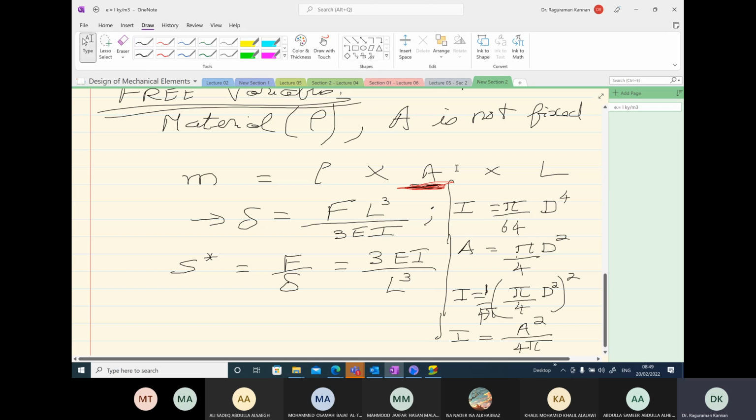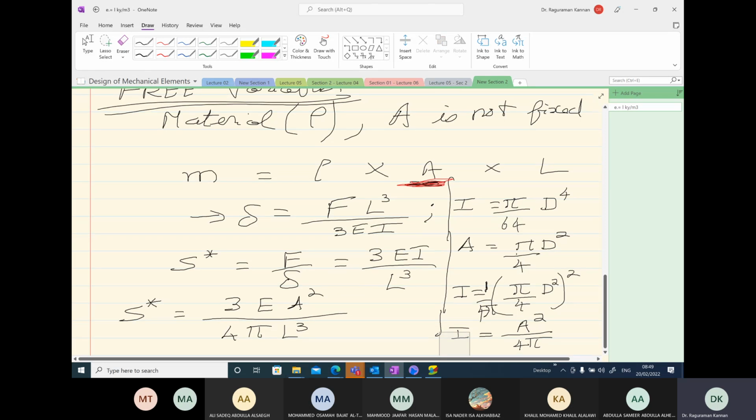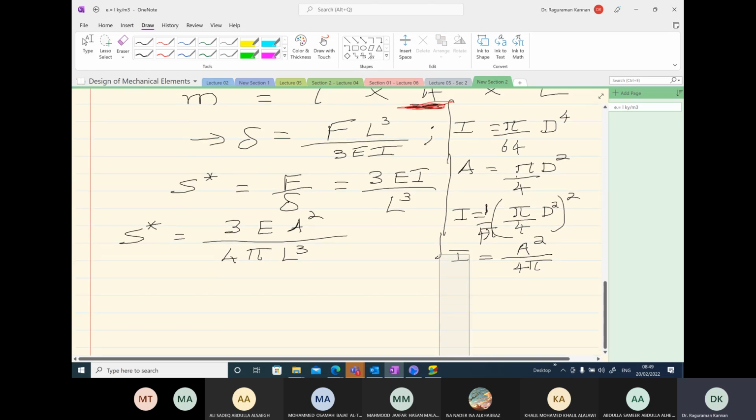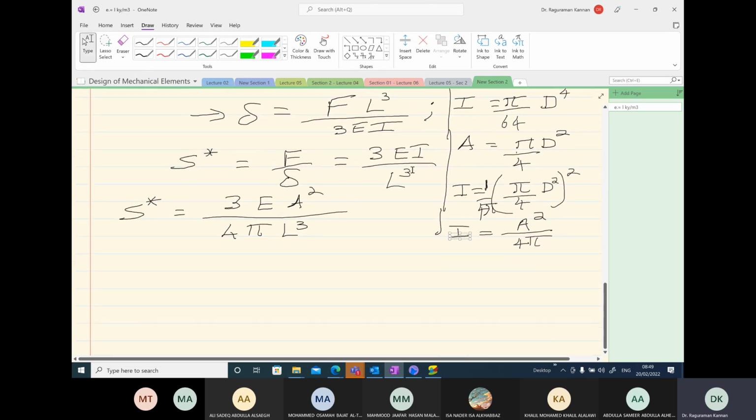Okay, so now I substitute and I get 3 E A square over 4 pi L cube. Now I have an expression for A. A can be substituted.